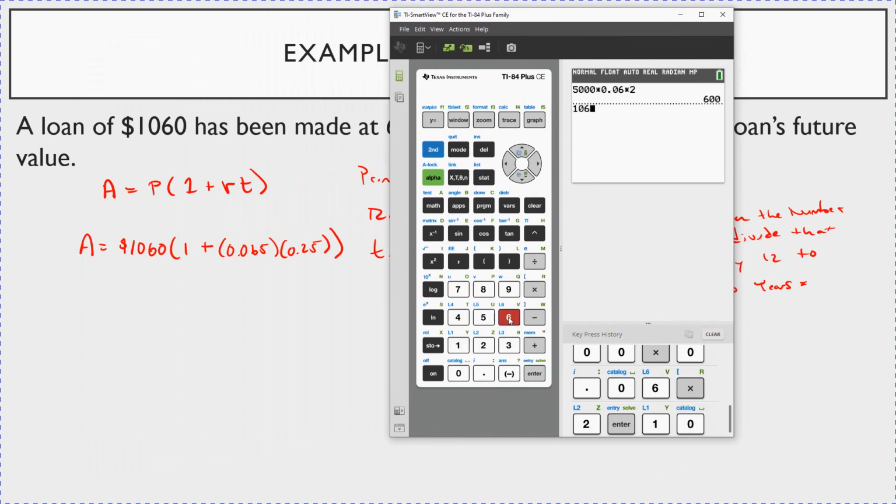So I'm going to go 1,060 times, and then in parentheses, 1 plus 0.065 times 0.25, and close the parentheses. You can also do this step by step, doing the multiplication first, then add 1 to it, and then doing the outside multiplication. But with these graphing calculators, what's amazing is you can do this all in one step. And look, this is what we get. $1,077, and I'm going to round this to 23 cents, obviously.